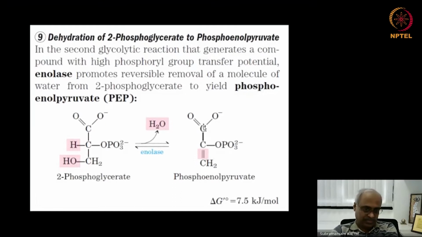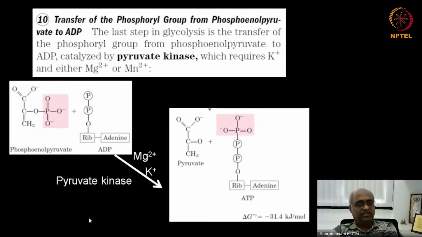So therefore, we call this a high energy compound. And enolase generates this by dehydration of the 2-phosphoglycerate. So the last step is the hydrolysis of the high energy bond. So you have another substrate level phosphorylation producing ATP molecules.